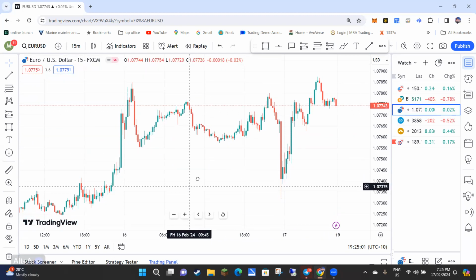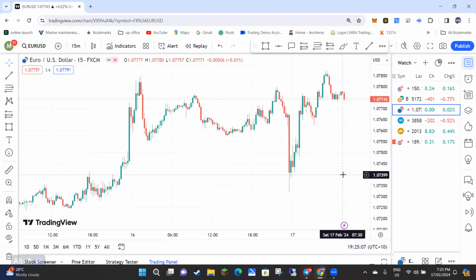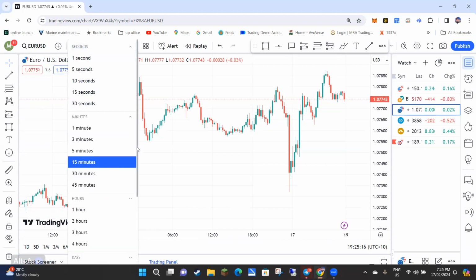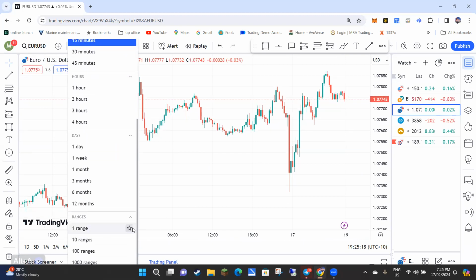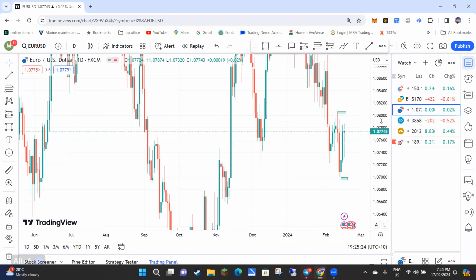Now, remember on the daily, that last little leg from the high point had just been trending downwards. If we have a look now on the 15-minute, it's all trending up. I know this is probably obvious for a lot of you, but remember back to when you first started trading and you didn't even know what support was.